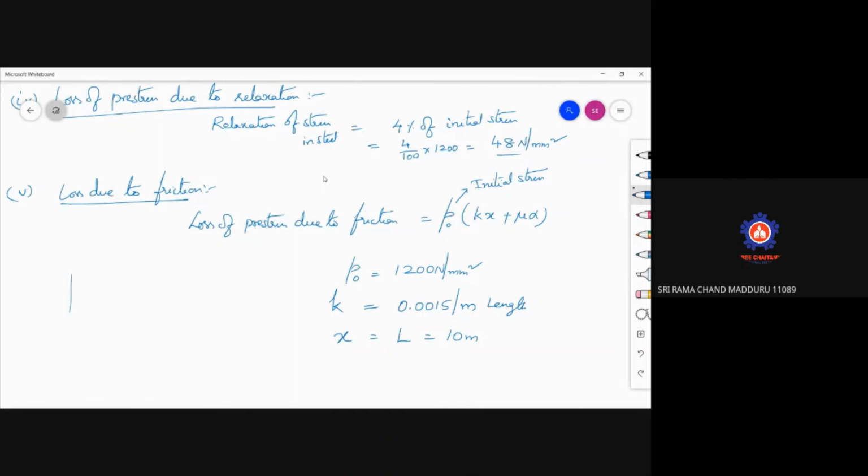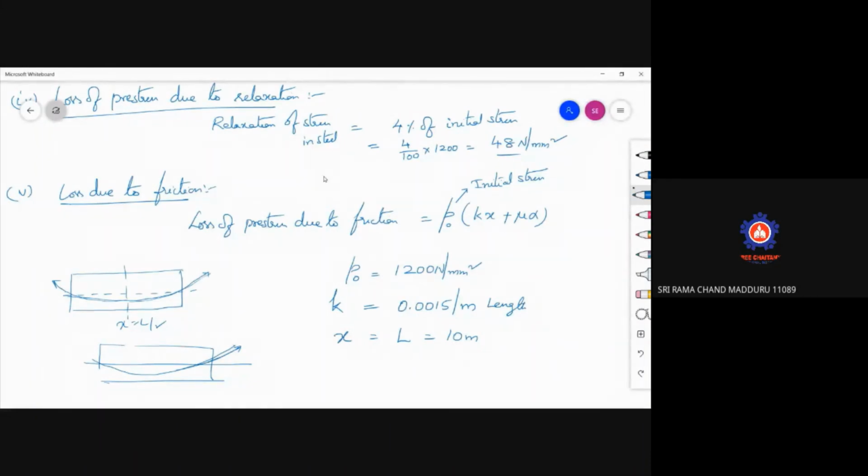X will become L by 2 when the stretching is done on both the sides. If this is your tendon's position and the stretching is done on both the sides, then X will become L by 2, because from here to here this span is L by 2 and this span is also L by 2. If it is anchored here and the stretching is done only from one side, then X is equal to 10 meters.